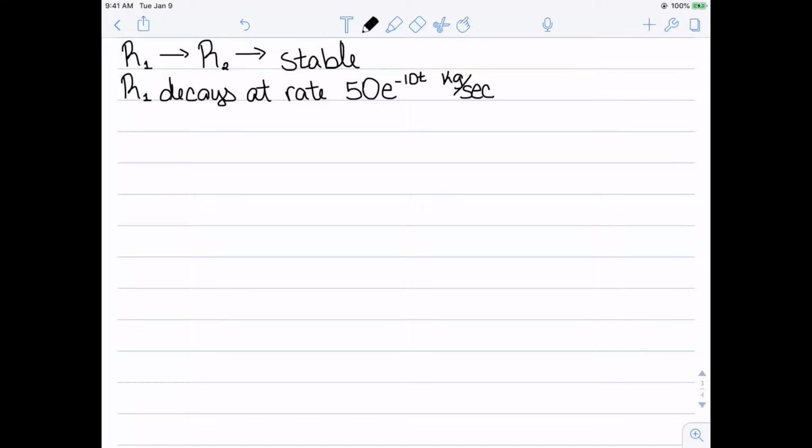We're also going to assume that the rate of decay for R2 is proportional to the mass that we'll call y that we have present. So like I said, y is the actual mass of R2 that we have. So the derivative, the way my mass of R2 is changing, is the rate of creation minus the rate of decay.